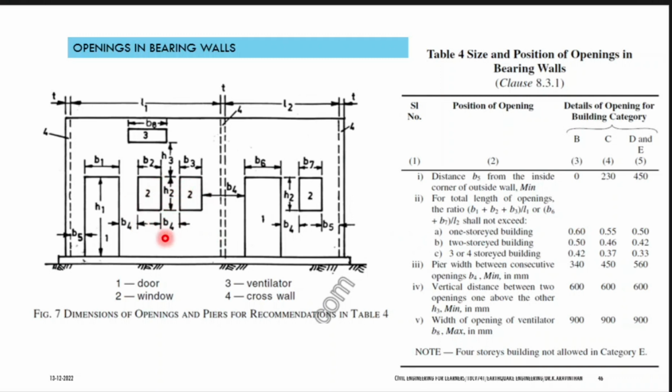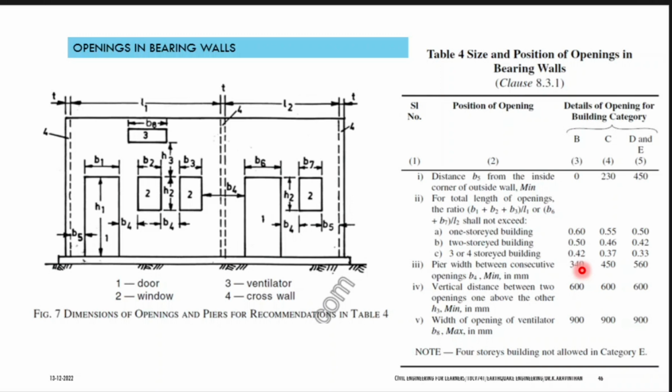This is B4. And the B4 distance they have given. Pier width between consecutive openings should be 340 mm. So what will be the distance between those two windows? You say it. At least 1.5 meter, isn't it? So as per the guideline, it has been provided. Here you check it. What will be the distance? 1 meter, isn't it?